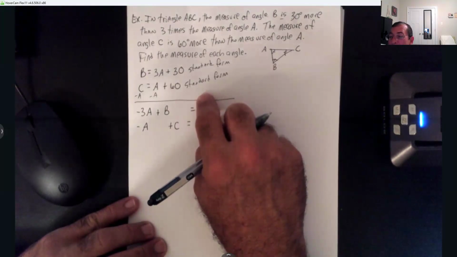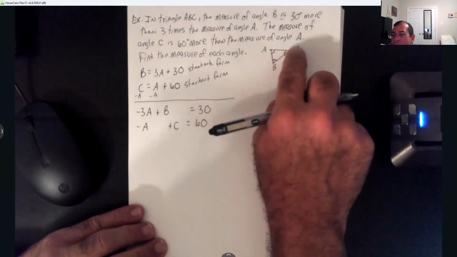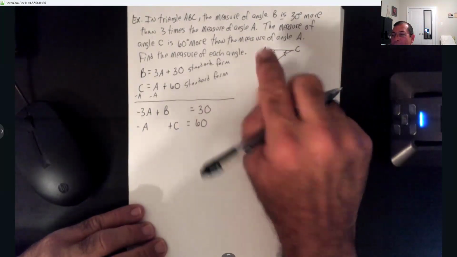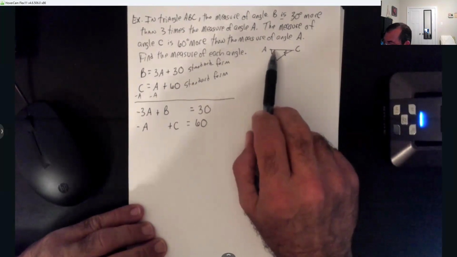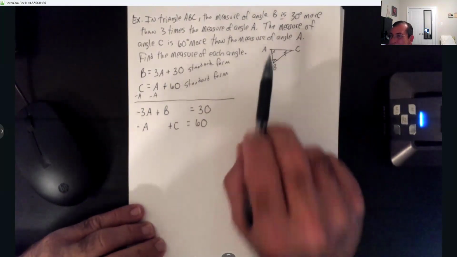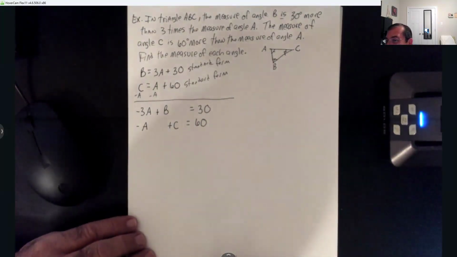So can y'all give me my third equation about what y'all know about these 3 angles on this triangle? What do y'all know about the 3 angles here? Do y'all know how much they add up to?